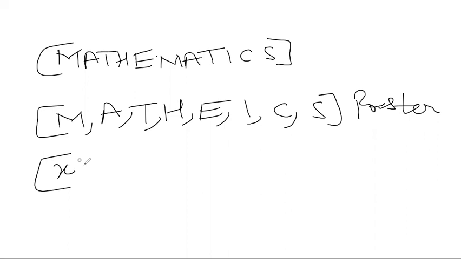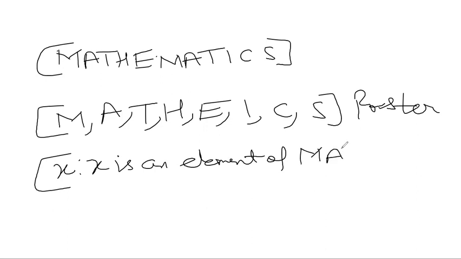I can write here X such that X is an element of M, A, T, H, E, M, A, T, I, C, S. Now you can attempt it in this way, but it is not so simple. If in the exam you are compelled to write it, then you have to write in such a way, but you will not be told like this.